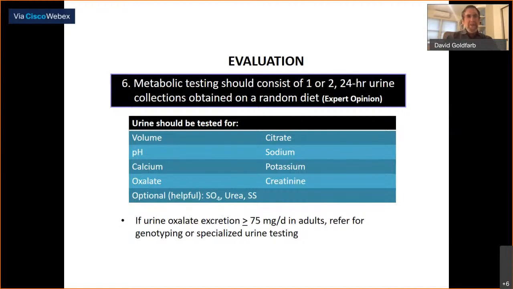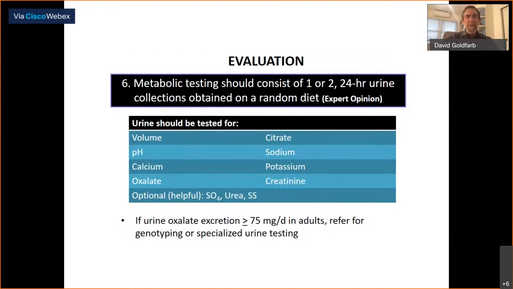And in discussing this as a controversial topic, is this an important part of stone prevention? I'll point out at the bottom here that urine oxalate is the best reason to do a 24-hour urine collection, in order to find those patients who have primary hyperoxaluria. That is a rare disease. It's rare in India. It's rare in the United States, but it is a disease with significant implications, particularly the risk of kidney failure, the need for kidney and or liver transplantation.